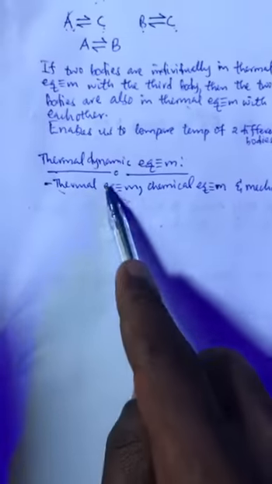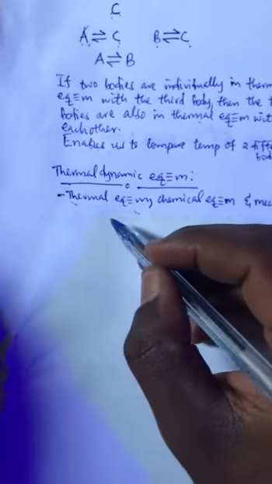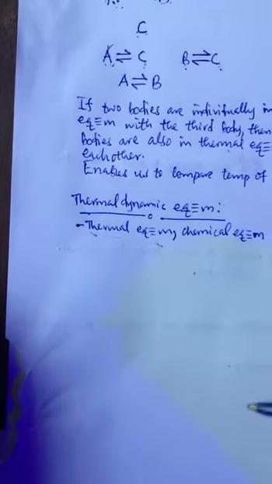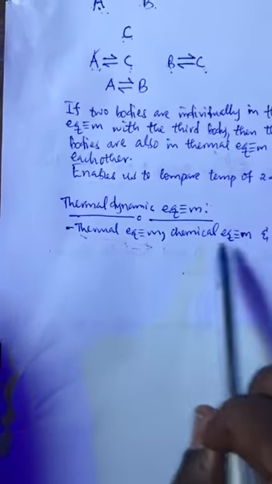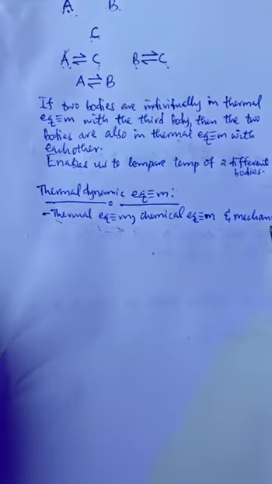So the system is in thermodynamic equilibrium if it is in thermal, chemical and mechanical equilibrium within itself, and its surrounding must also be in thermal, chemical and mechanical equilibrium.